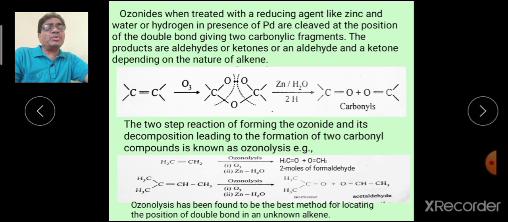Ozonolysis has been found to be the best method for locating the position of the double bond in an unknown alkene molecule. Yes, we can fix it, because the products obtained clearly indicate that the double bond must be present between these two end carbon atoms.